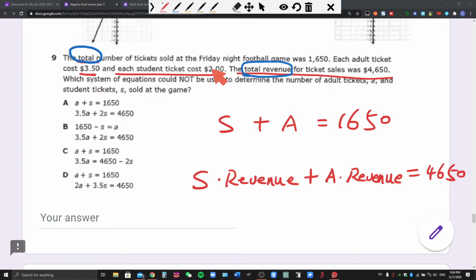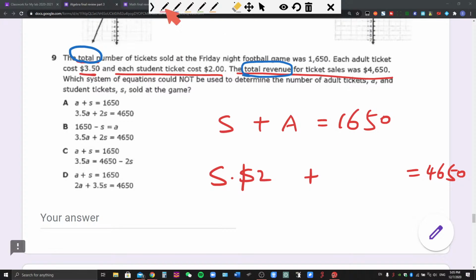Students cost $2 each, so S multiplied by $2. And adult tickets are $3.50, so the number of adult tickets multiplied by $3.50 each. That will be $4,650 for both the student revenue and adult revenue. That will be the two systems of equations.